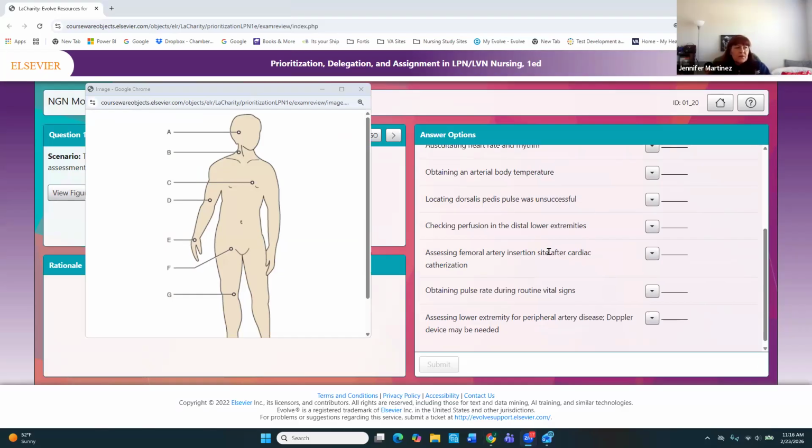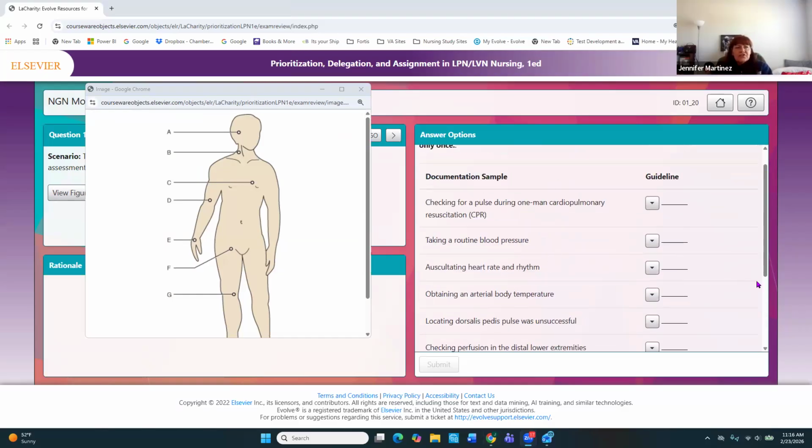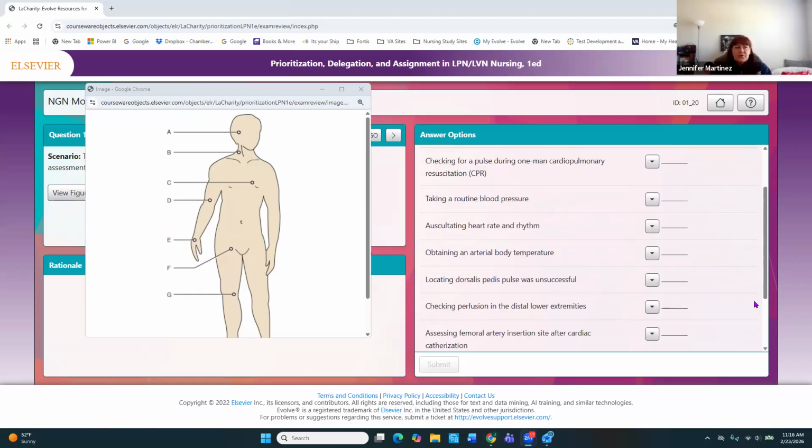All right. So we'll start with checking for pulse during one-man CPR. What pulse point are we going to use? A, B, C, D, E, F, or G? B. B, okay.